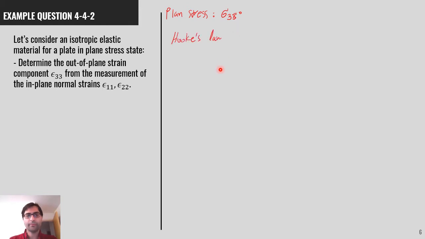Let's use Hooke's law now for the strain as a function of the stress, and using the already mentioned relation, we can find epsilon 11 equal to sigma 11 minus nu multiplied by sigma 22 plus sigma 33.